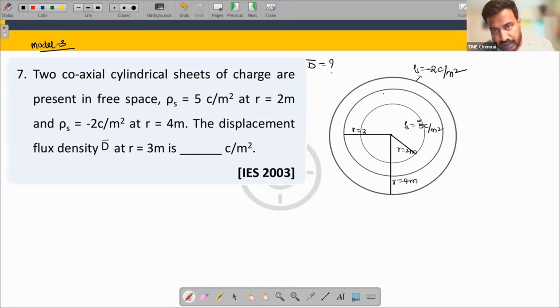I want D at r equal to 3 meter. Model 3 of Gauss law. According to Gauss law, psi E is equal to charge enclosed.